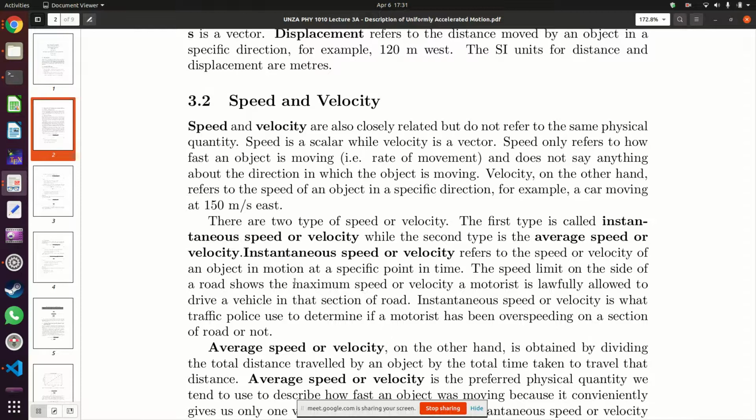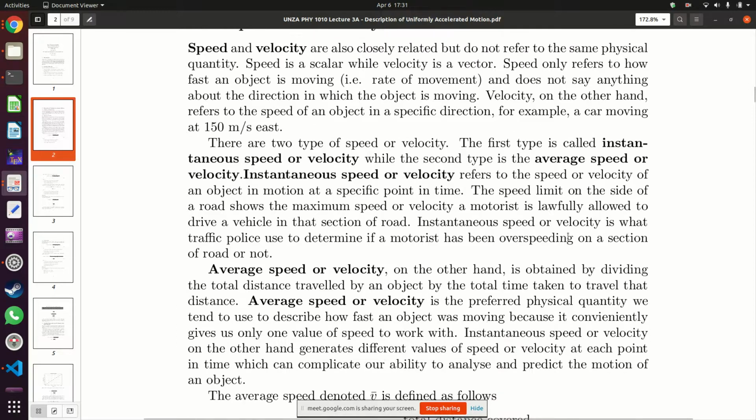So instead of focusing on this instantaneous speed or velocity, there is also another kind of speed which we focus on, something called average speed or average velocity. Using all these different values of speed, we can come up with one value of velocity which we can use to describe your movement.